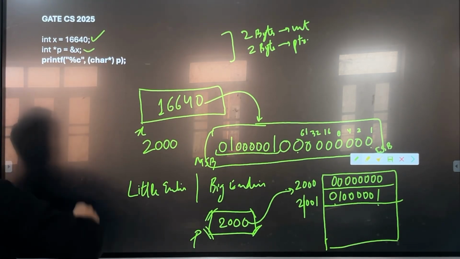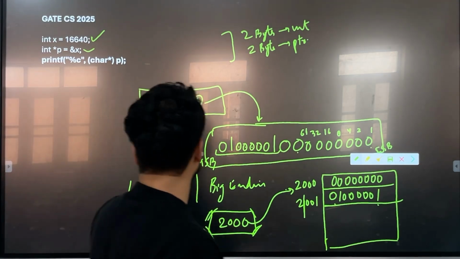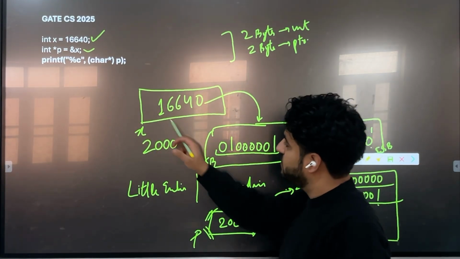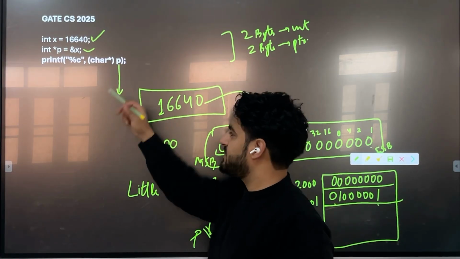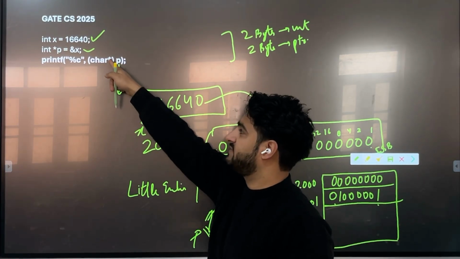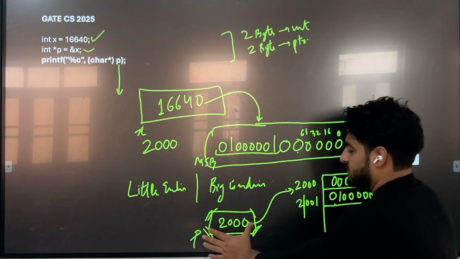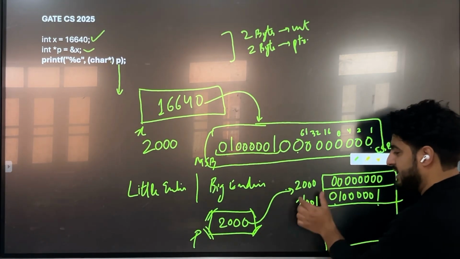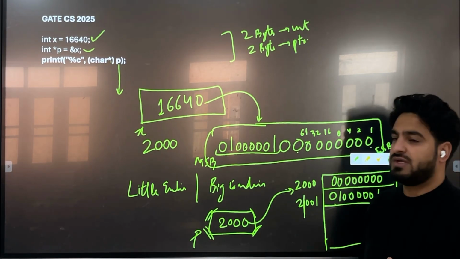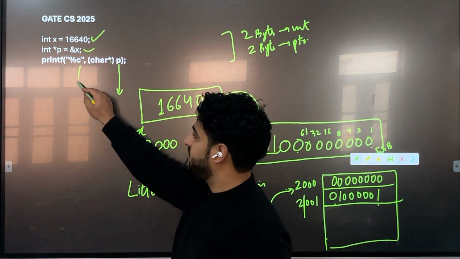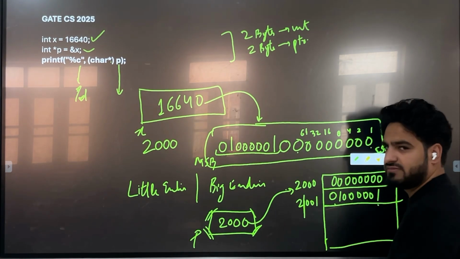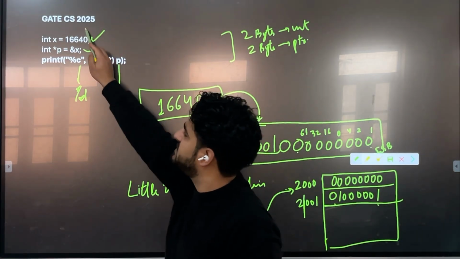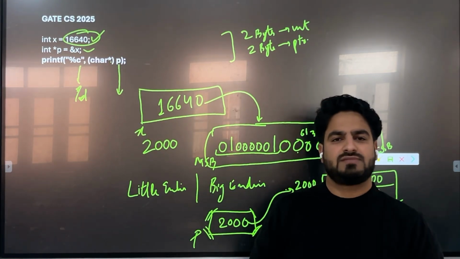The third line of this piece of code is that now we'll simply print the value of star p. What happens when we have star p? It means that whatever p is pointing to, you go to that address and print it. Normally, if this would have been %d, we would simply be printing this whole integer, the value 16640, right?